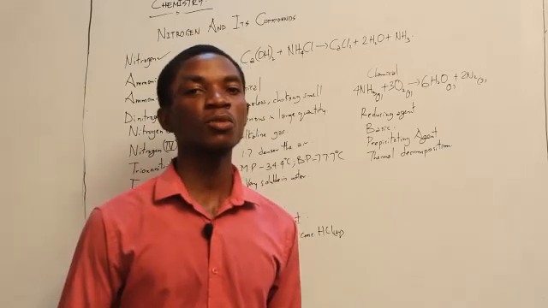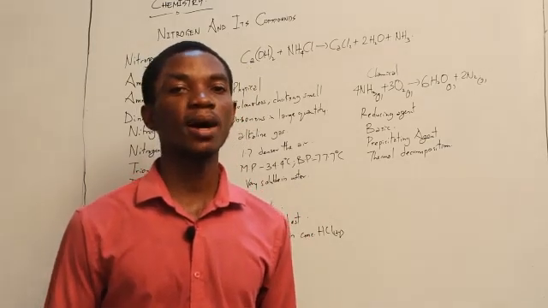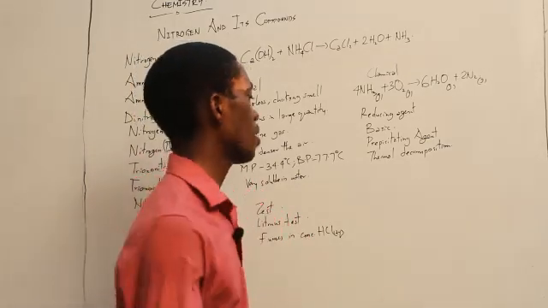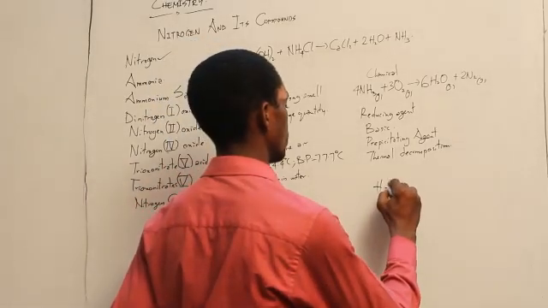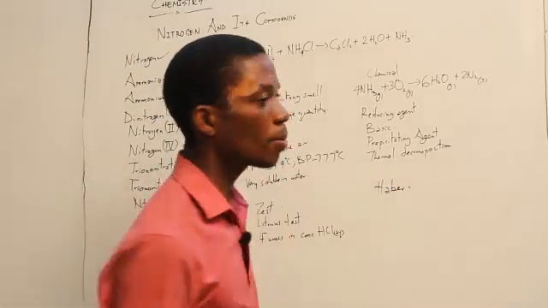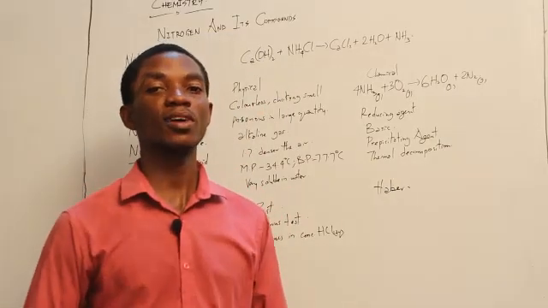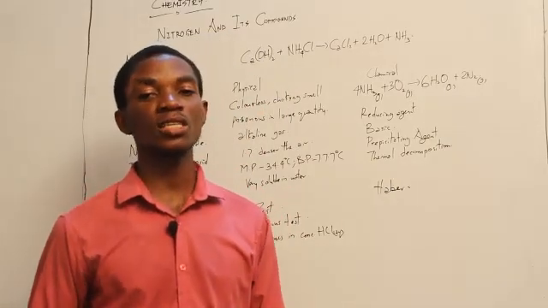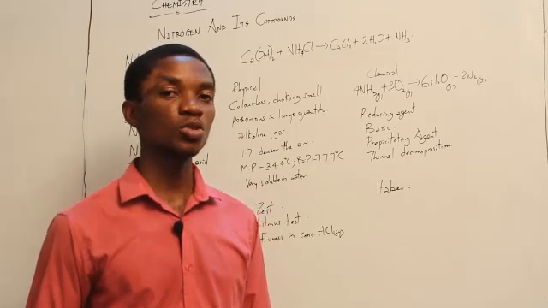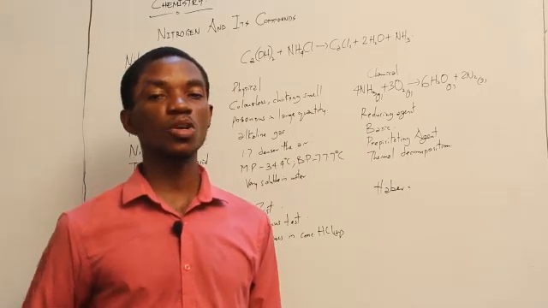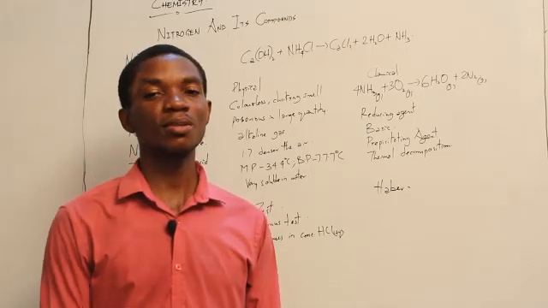Industrially, for the production of ammonia, we go through what we call the Haber process. In the Haber process, we have a very big apparatus where nitrogen is introduced into the system through a vertical vent. Hydrogen is also introduced through another vent.